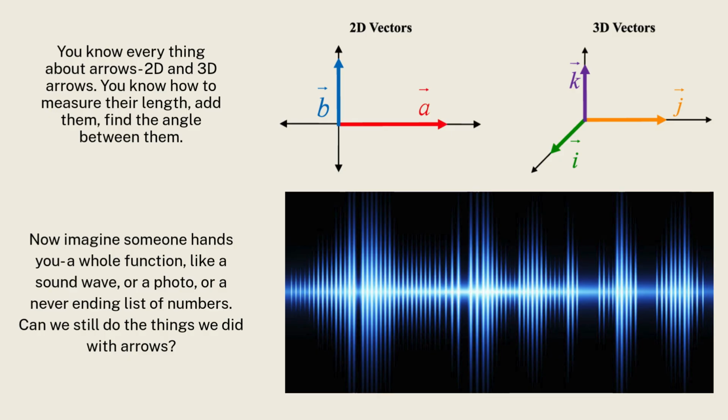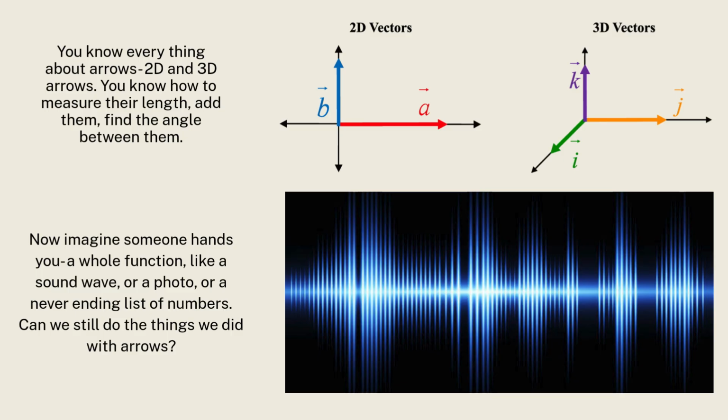In progression to those questions, we add something more. You know everything about arrows, 2D arrows and 3D arrows. You know how to measure their length, add them, find the angle between them. Now, imagine someone hands you a whole function like a sound wave.